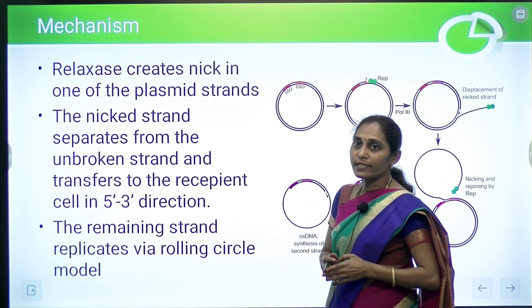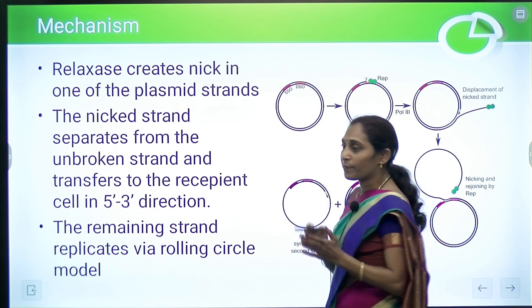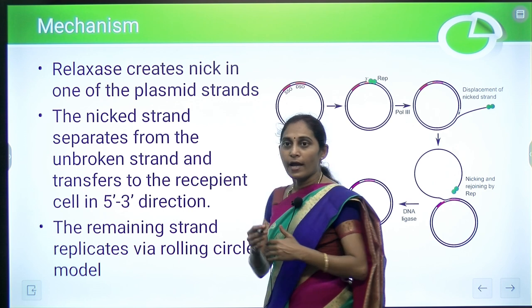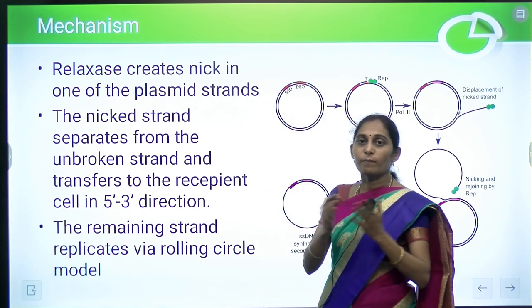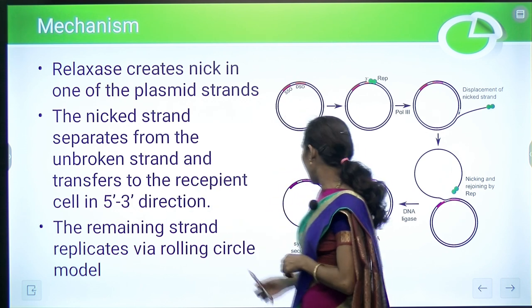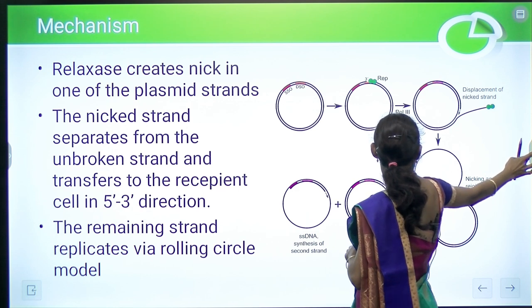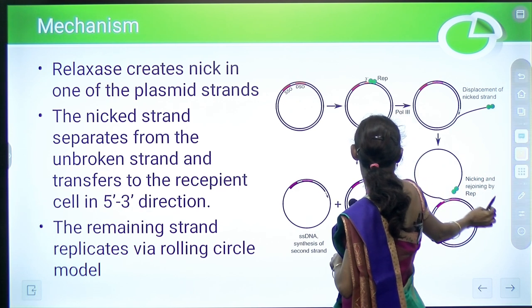After nicking the DNA, the nicked DNA separates from the unbroken one and it tends to move from donor to recipient cell in a direction known as 5 prime to 3 prime.